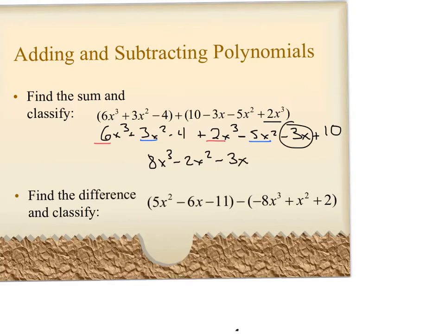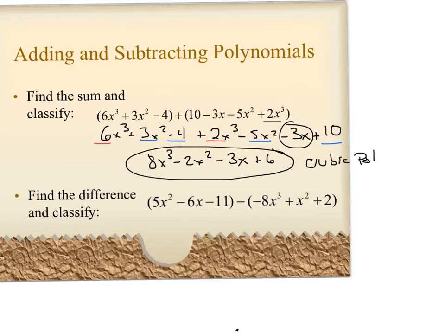And then I got my negative 4 and a positive 10, and that gives me a positive 6. So here's our polynomial, and because it has more than 3 terms, we would just call it a polynomial. The degree is 3, so it is a cubic polynomial. Okay, so here's our polynomial, and that is our name.